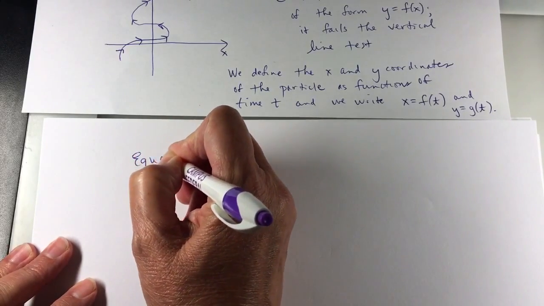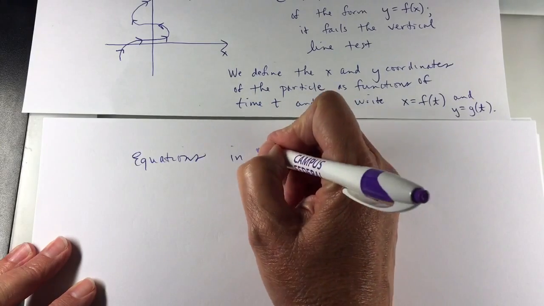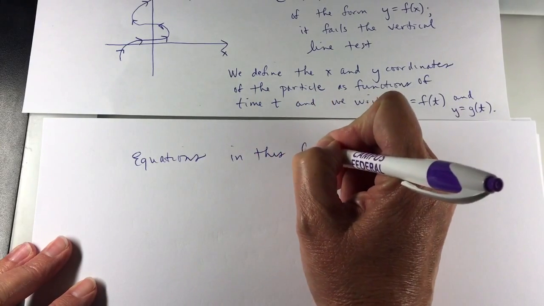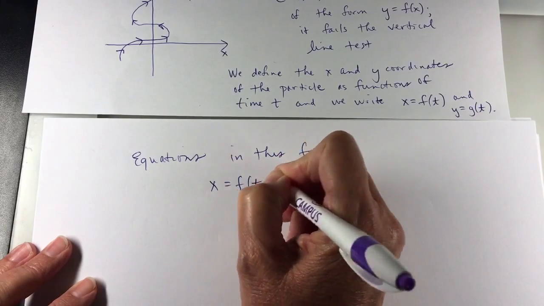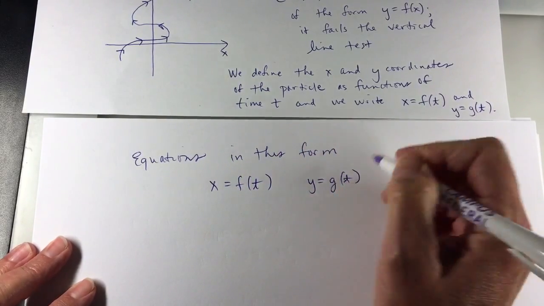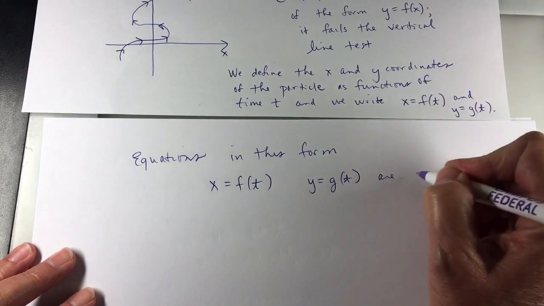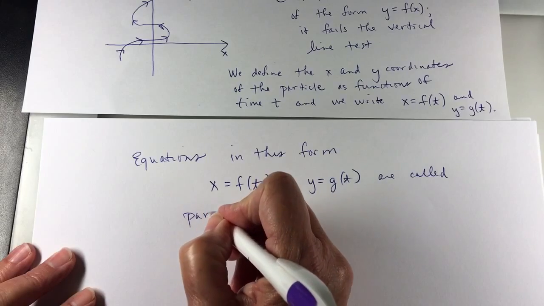Equations in this form, x equals f of t, y equals g of t, are called parametric equations.